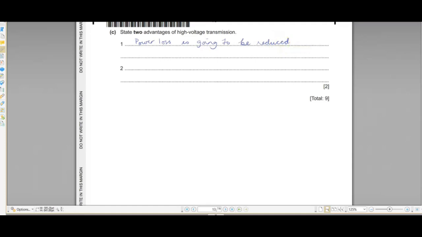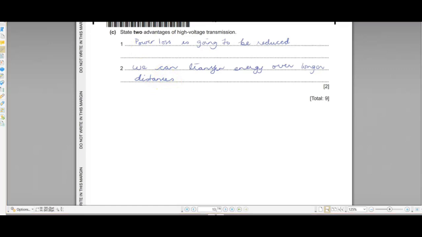And the other advantage can be we can transfer energy over longer distances. There can be others as well. If you know another one, you can write that as well.